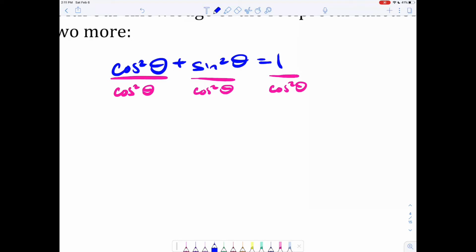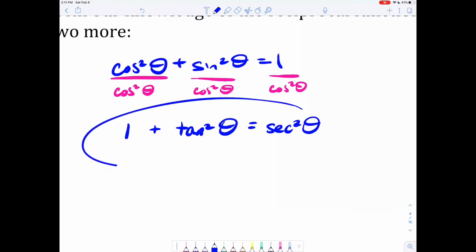Well, cos squared theta divided by cos squared theta is 1. Now sine over cos is tan, so sine squared theta over cos squared theta is tan squared theta. And 1 over cosine of theta is just secant of theta, so 1 over cos squared of theta is just straight up secant squared of theta.